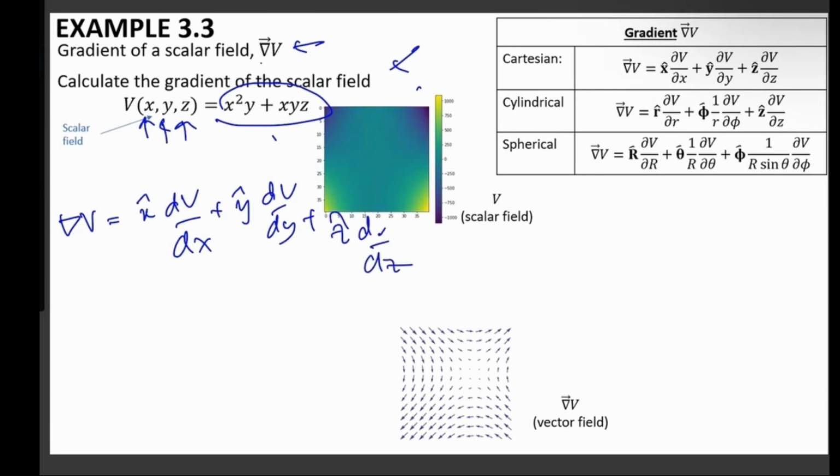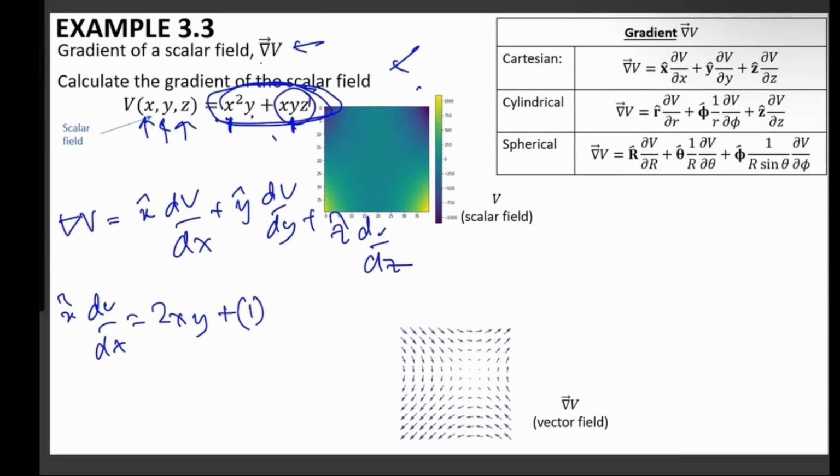First, dv over dx: we take the partial derivative with respect to x. This becomes 2xy, since y is constant, and the next term becomes yz, plus 1.